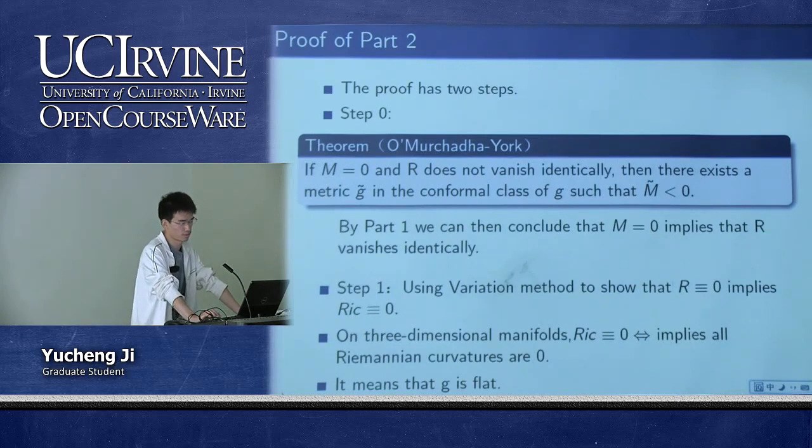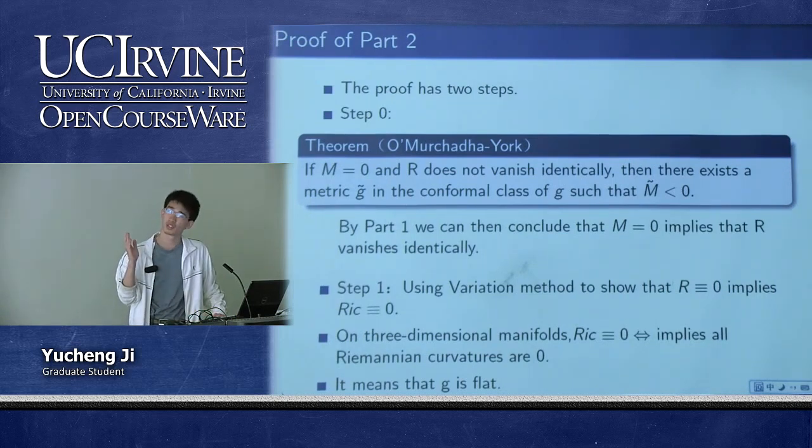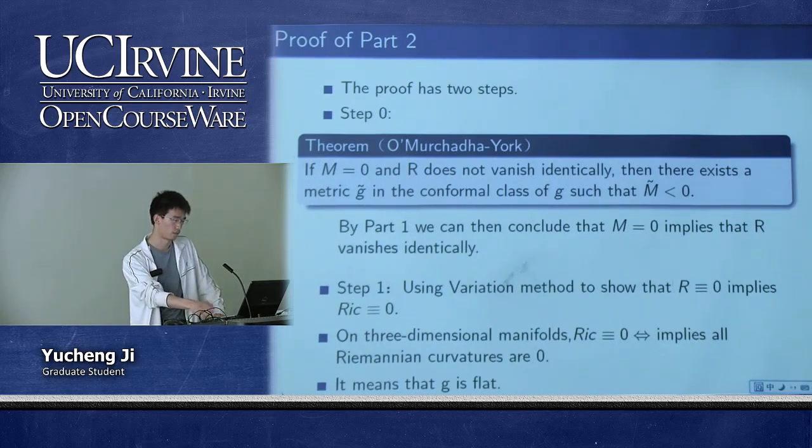If m equals 0 and R does not vanish identically, then there exists a metric G tilde conformal to G such that the mass m tilde is negative. And by part 1, we just use the conclusion of part 1. We can see that m equals 0 implies that R vanishes identically. You can see that it's direct.